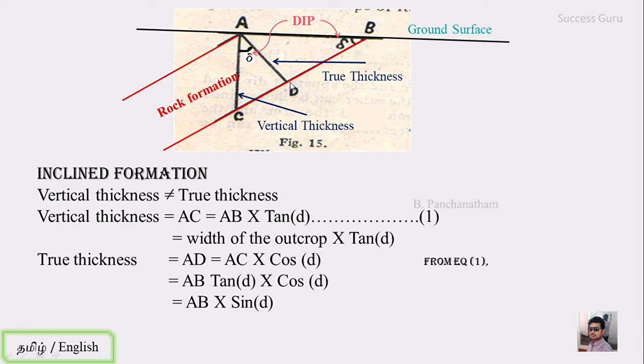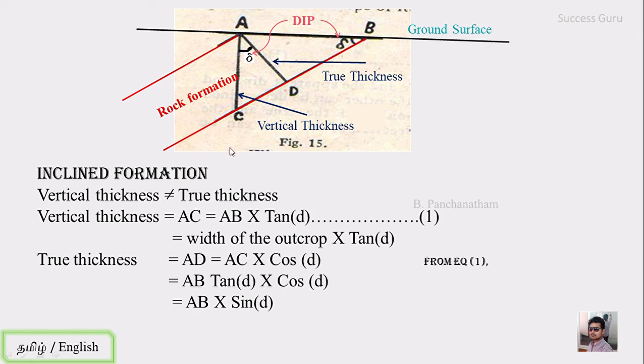So this line will form a right angle triangle. Is that clear? So when this forms a right angle triangle, and you have already calculated the AC from the previous calculation, this angle will be the dip of the formation. So AD, the true thickness, is equal to AC into cos theta.